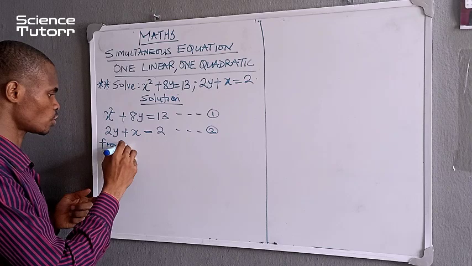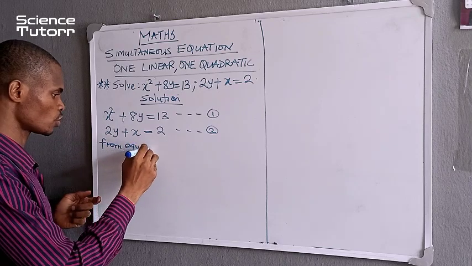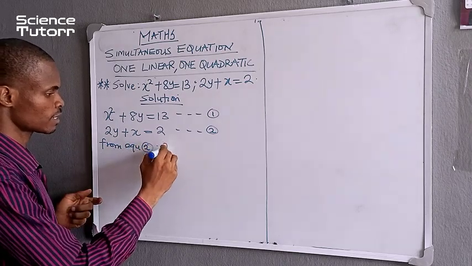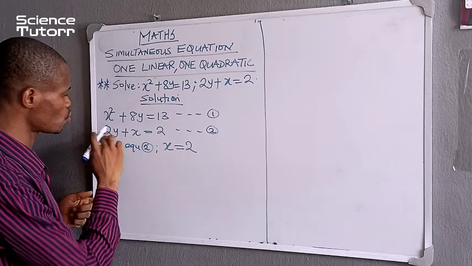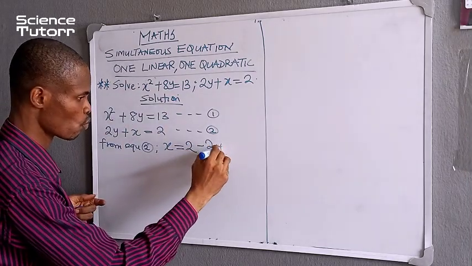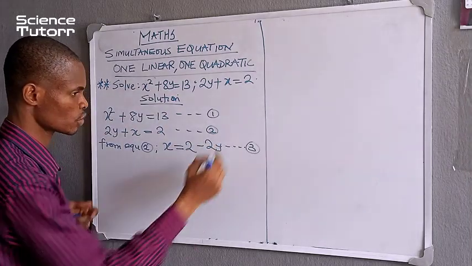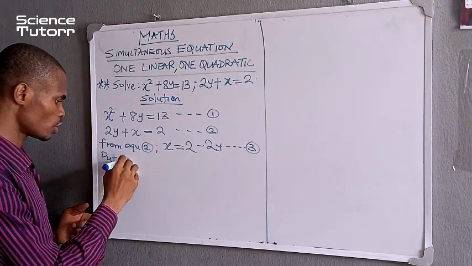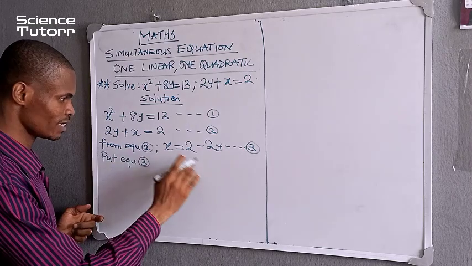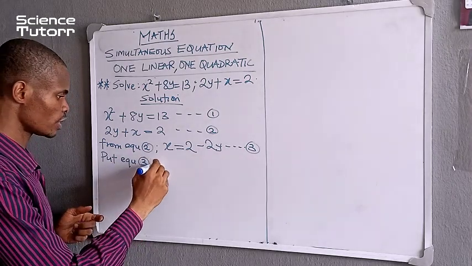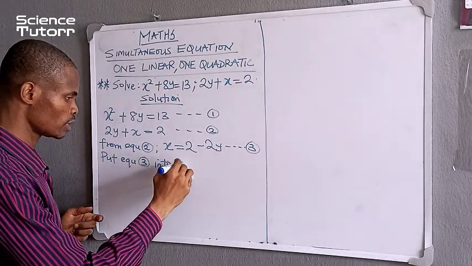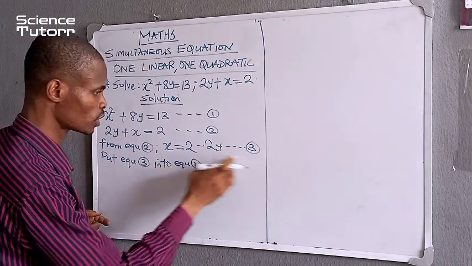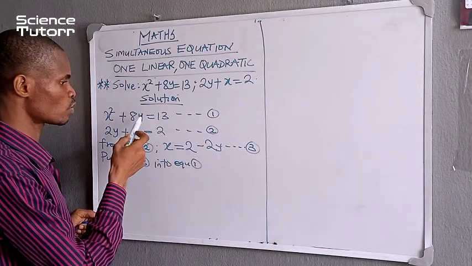Now I can make x the subject from equation 2. So from equation 2, I have it that x will be equal to 2 minus 2y. This gives equation 3. I'm going to put equation 3 into equation 1.